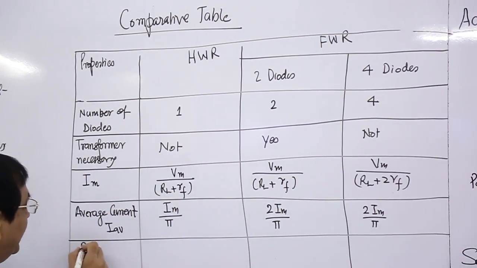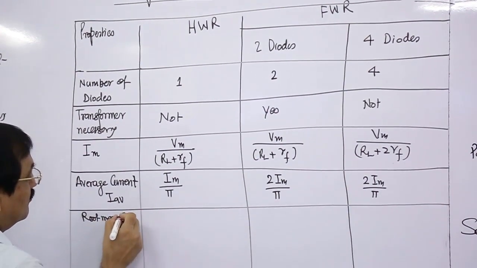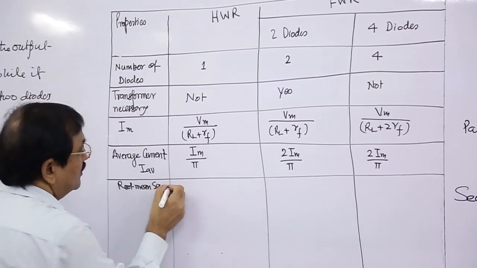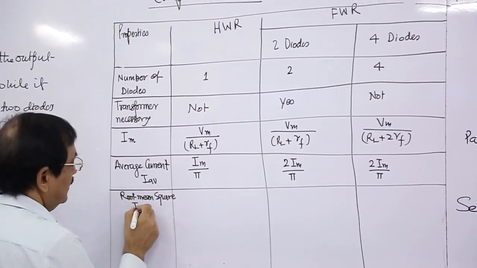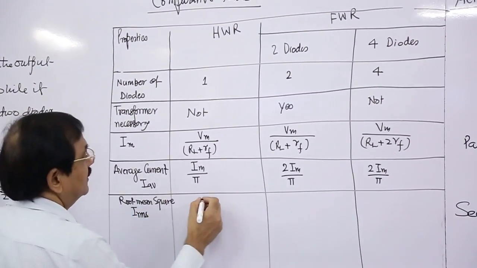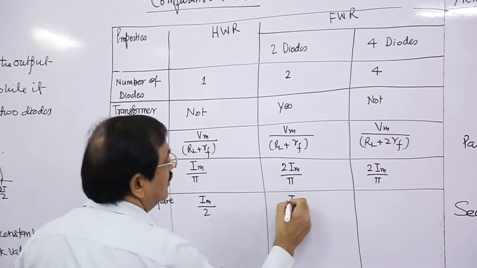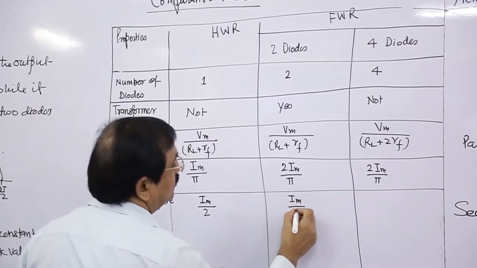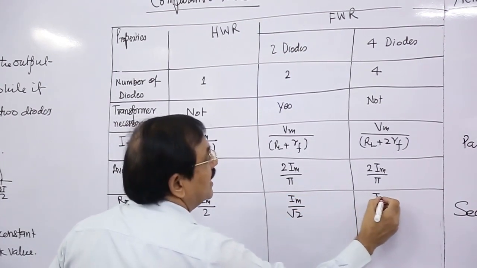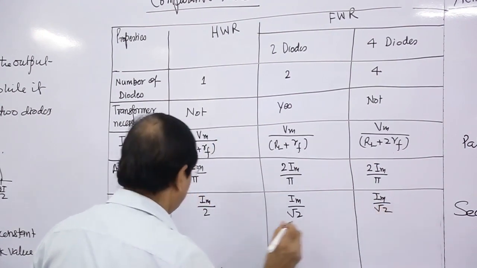Then root mean square, RMS, IM by 2, IM by under root 2, IM by under root 2.